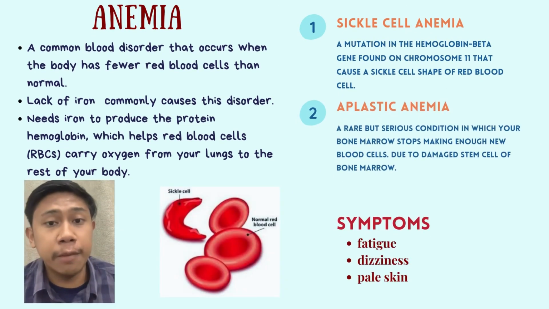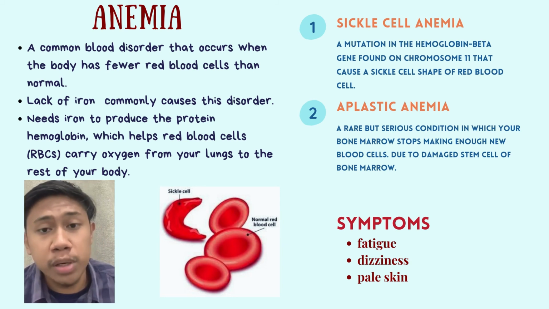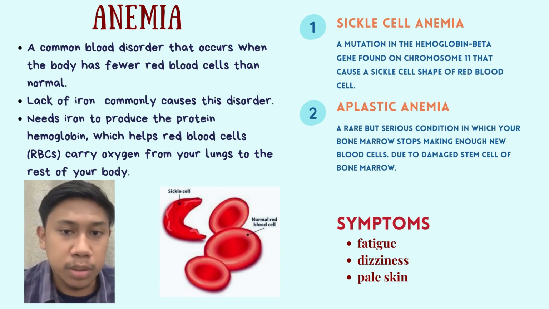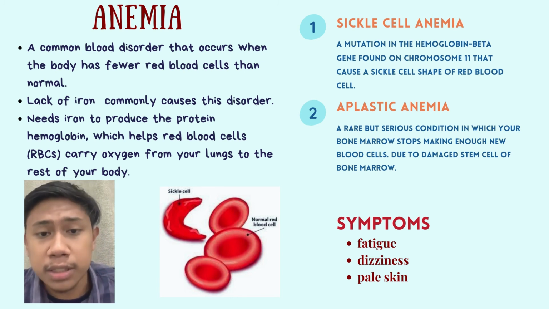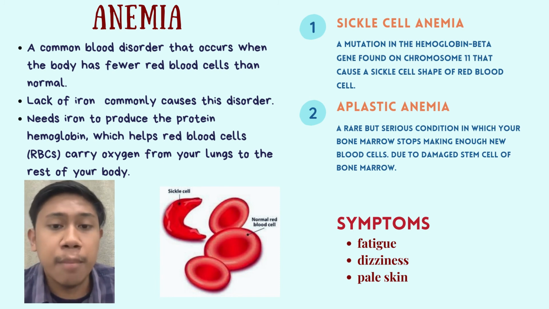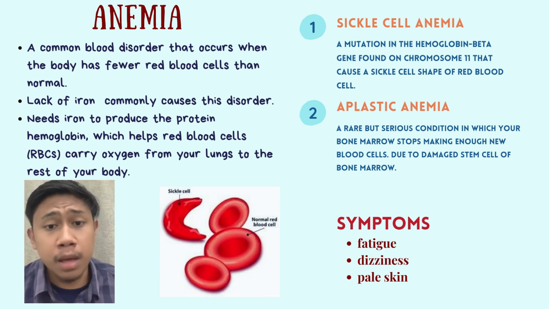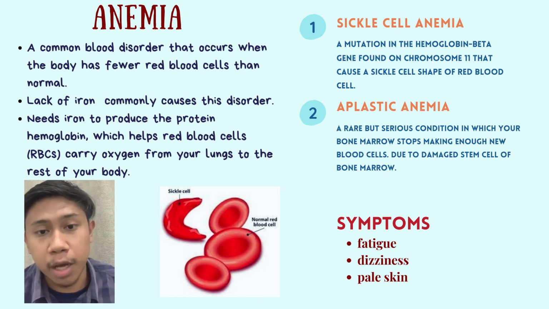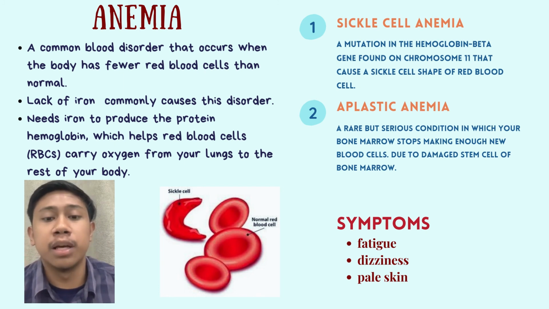First of all, anemia is a common blood disorder that occurs when the body has fewer red blood cells than normal. Lack of iron commonly causes this disorder. Iron is needed to produce hemoglobin that helps red blood cells carry oxygen to our body. There are many types of anemia, but we focus on sickle cell anemia and aplastic anemia.